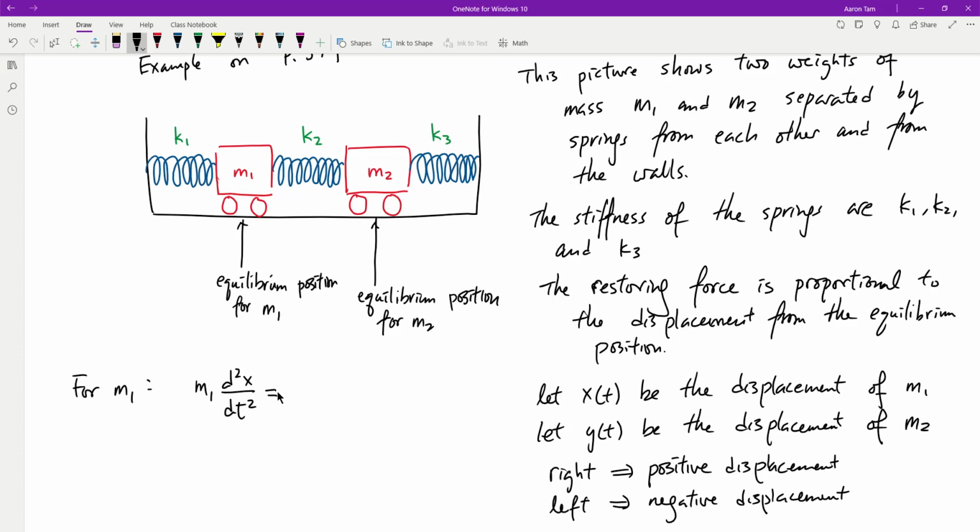First, if M1 is out of its equilibrium position, then the first spring K1 would exert a force in the opposite direction of that displacement to pull it back. Meaning, if M1 moved to the right, K1 would exert a force pulling it back to the left, toward the equilibrium position. So the first force would be negative K1 times X.